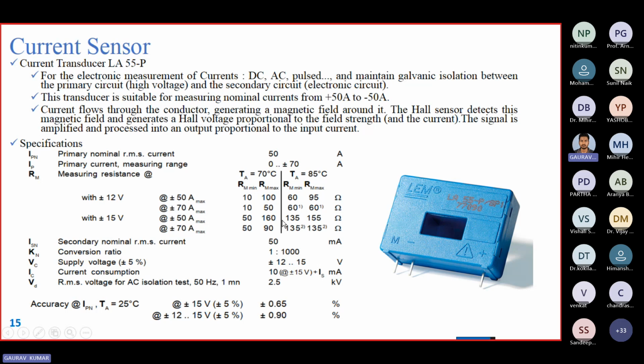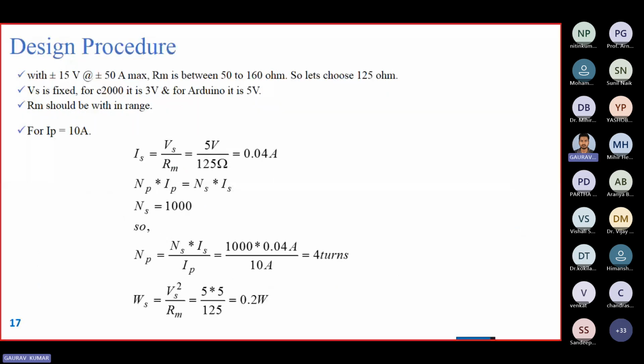So I have selected 125 ohm. VS is fixed at 3 volt or 5 volt, and we want to design this current sensor for a primary current of 10 ampere. So what will the secondary current come out to be? Secondary current will be VS by RM. VS is 5 volt and the measuring resistance I have chosen is 125 ohm, so IS is 0.04 ampere.